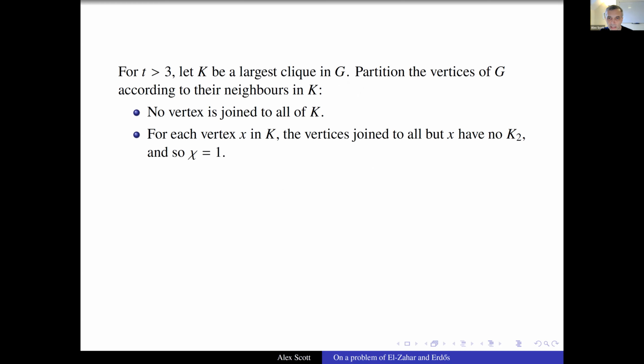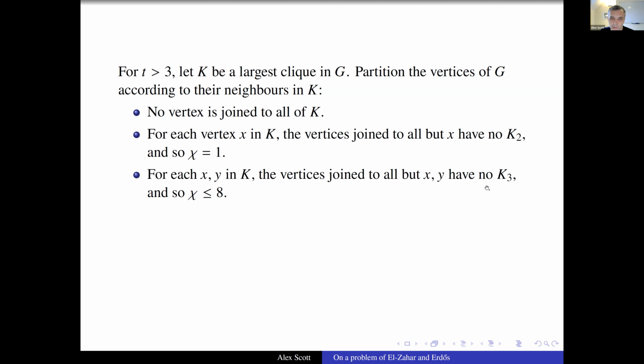For each vertex of K, if we think about the vertices that join to everything except for that one vertex, they don't contain an edge. Otherwise, you get a bigger clique. So they have chromatic number 1. For each pair of vertices X and Y, the vertices joined to all but X and Y don't contain a copy of K3. And so by this first case, chromatic number is at most 8.